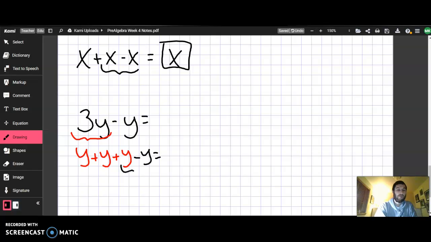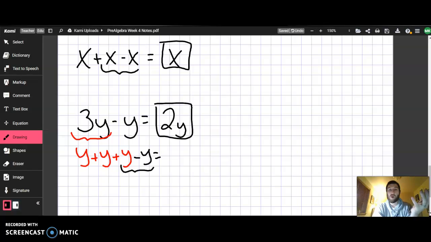And so y minus y is 0. 3 minus 1 is 2 y's. Where did I get the 3 minus 1? Well, I have the 3 red y's being added together, so that's a positive 3 minus the 1 y in black gives us 2 y's left over. And we don't have to expand it to see that. Up above, we have the 3 minus the 1 gives us 2y.